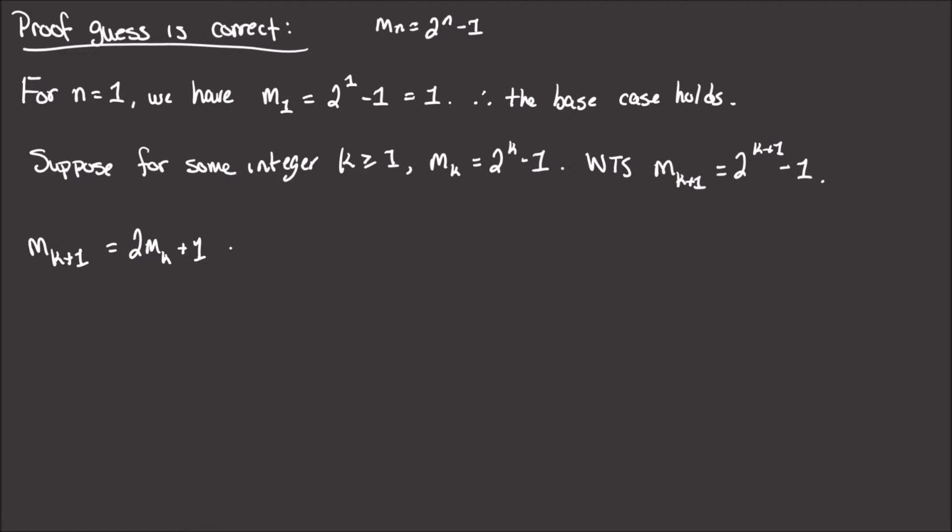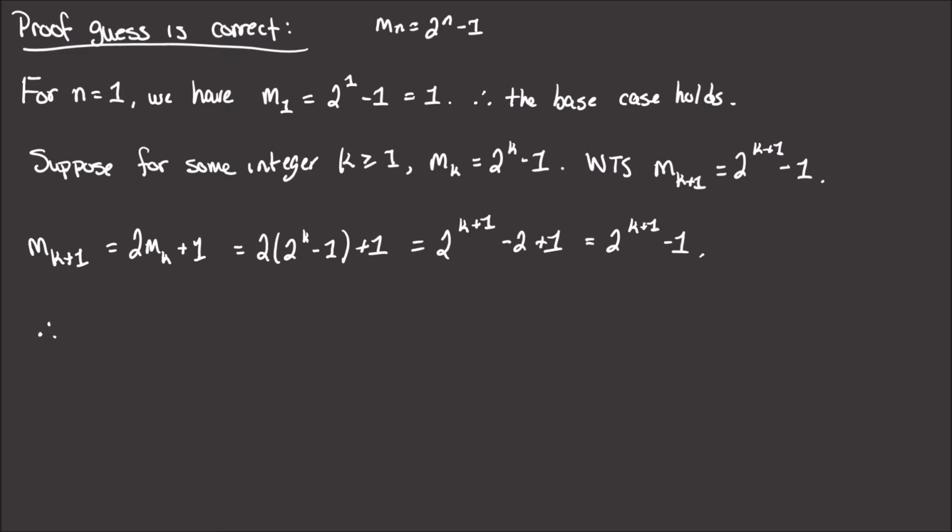But by our inductive hypothesis, this m sub k is 2 to the k minus 1. We can now distribute that 2 through. We'll get 2 to the k plus 1 minus 2 plus 1. And this gives us 2 to the k plus 1 minus 1, as desired.